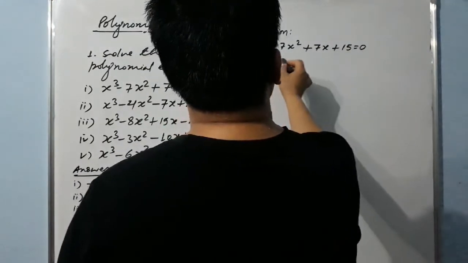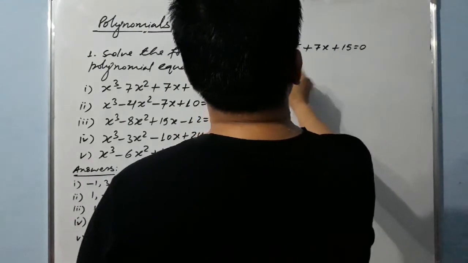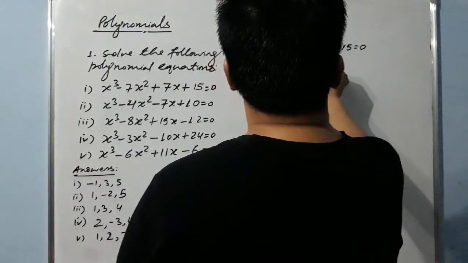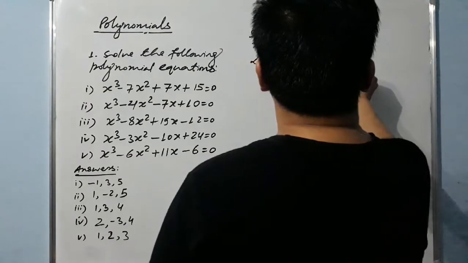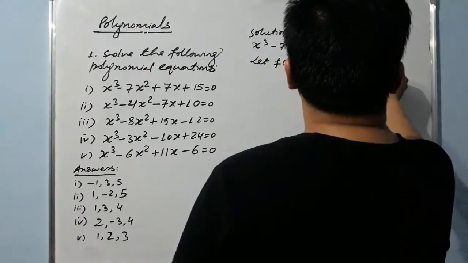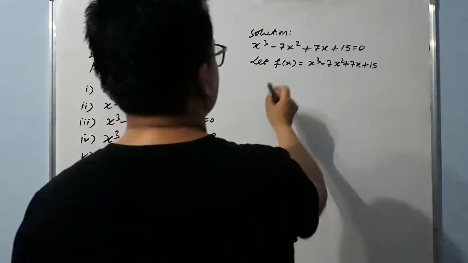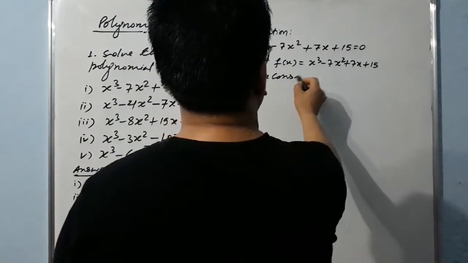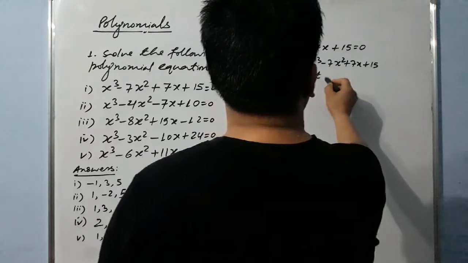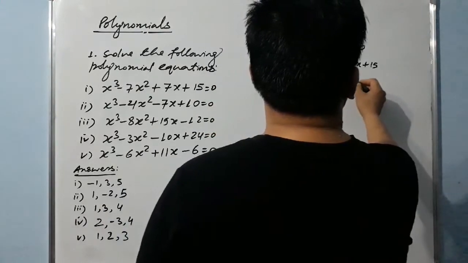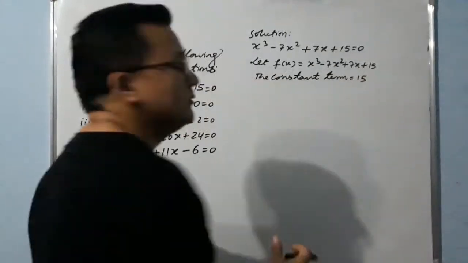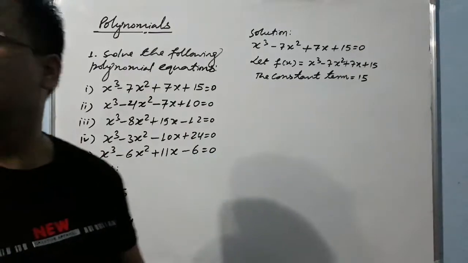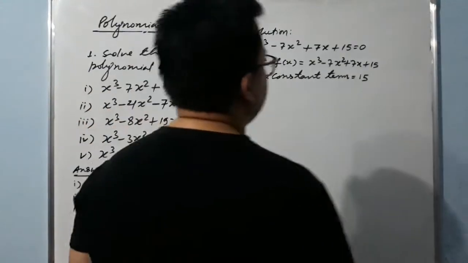So first let me tell you the easy method. f of x is equal to x cube minus 7x square plus 7x plus 15. The constant term is 15. Let's write down the possible factors of 15.